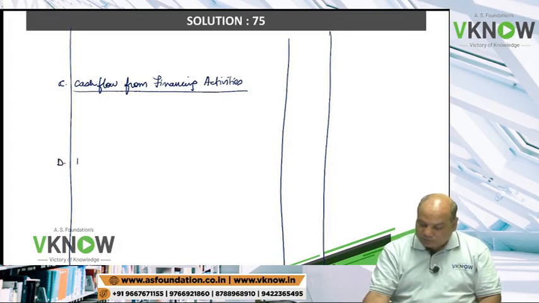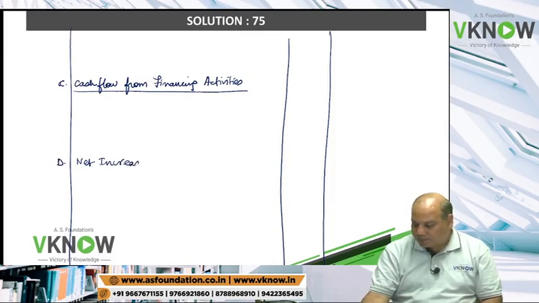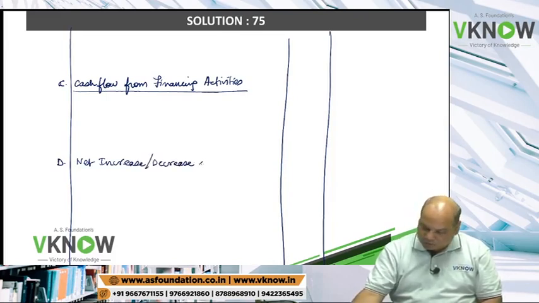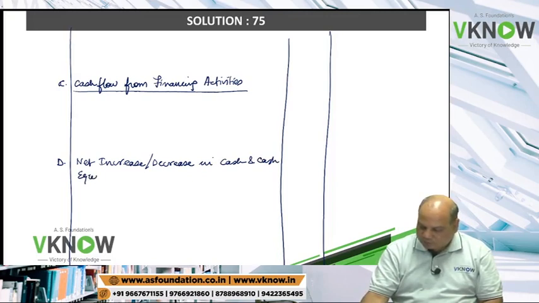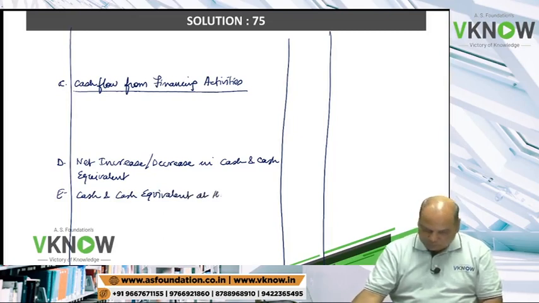Point number D, net increase or decrease in cash and cash equivalent. Point E, cash and cash equivalent at the beginning of the period.